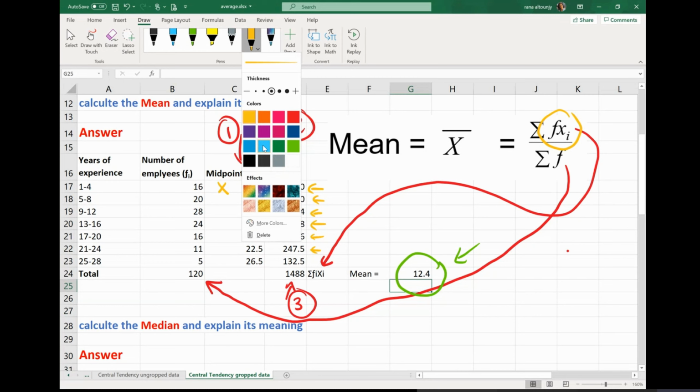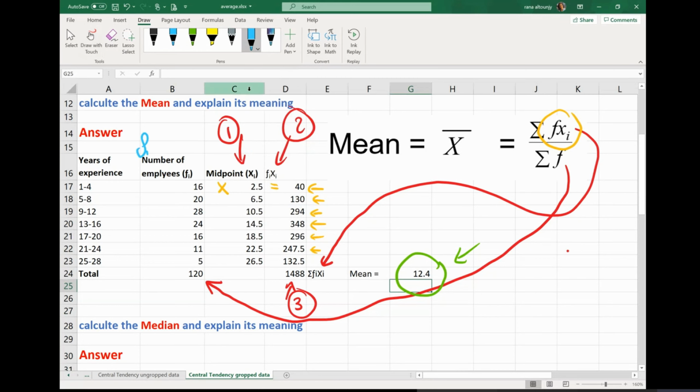Let me write it in another color. Here are the frequencies. Here the Xi is the midpoint of each category. So FiXi is the frequency of each category multiplied by the midpoint of each category. Then we get the FiXi of each category.